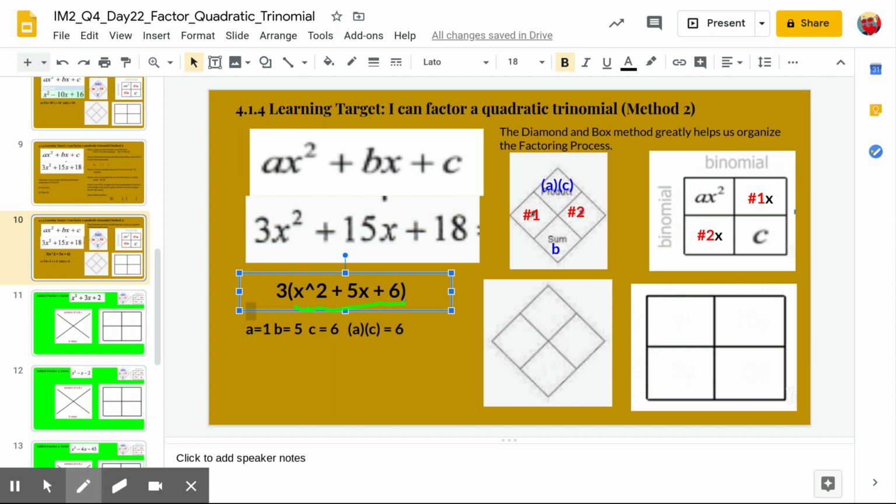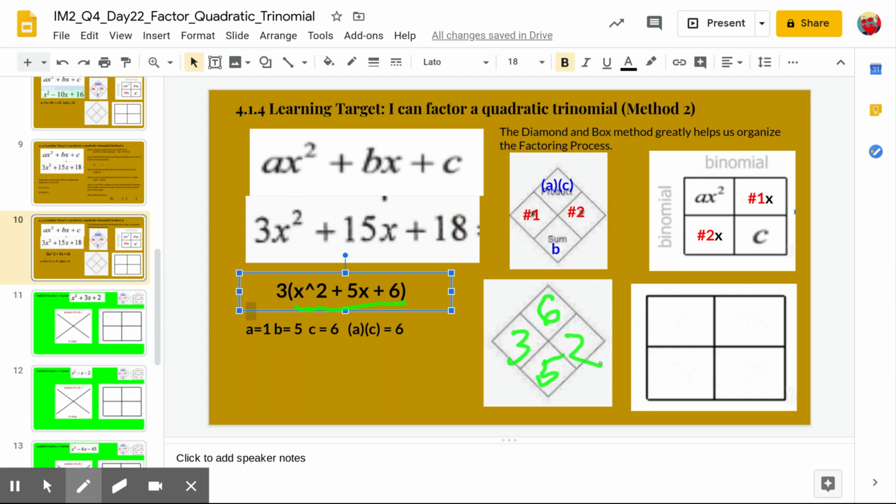So for AC, A is 1, B is 5, C is 6. So AC is 1 times 6, which is just 6. So on the upper part of my diamond, I have the 6. My B value is 5. That goes below. All right, think to yourself, what two numbers multiply to 6 and add to 5? Oh, 3 and 2.